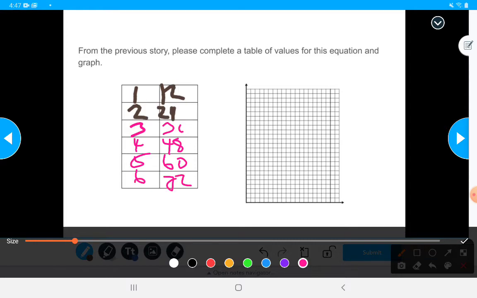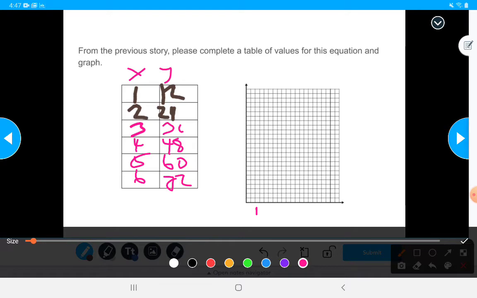Now in order to do this, I need to have my x and y. So we talked about our x and y. This is our x, this would be our y. So now we're just going to work on graphing that. My x is going to go along the bottom. I'm going to skip so that it's a little easier to see. So there's my 1.